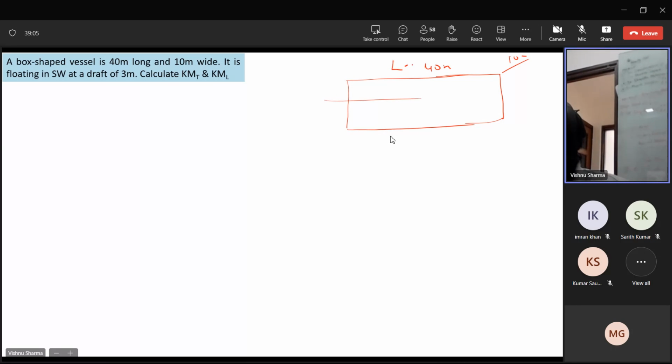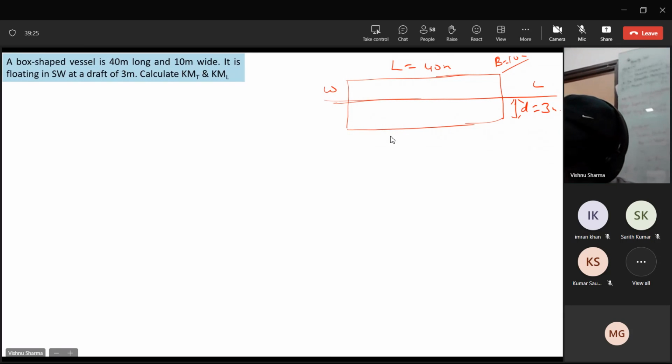Let us say this is L, this is B. Calculate KMT and KML. Guys, we know KMT. Let me take you through the first couple of questions, but I'll ask you questions in between.